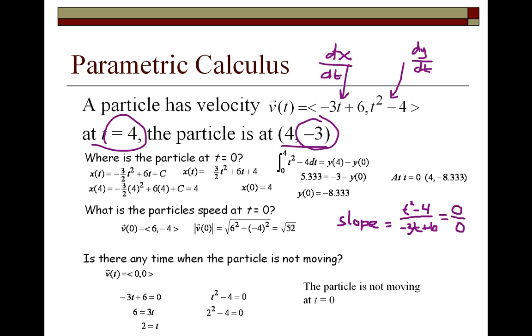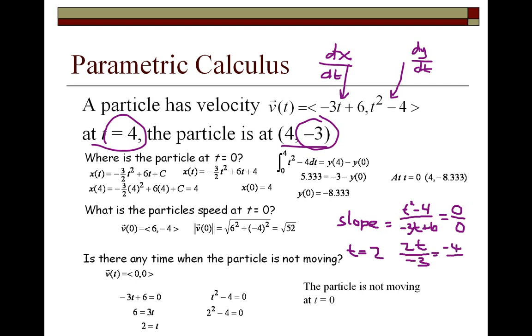So if I check it, at t equals 2, what is the slope of my curve? It's not 0 over 0. For the slope at t equals 2, I use L'Hopital's rule, and I will get 2t over negative 3. So at t equals 2, my slope would be negative 4/3.